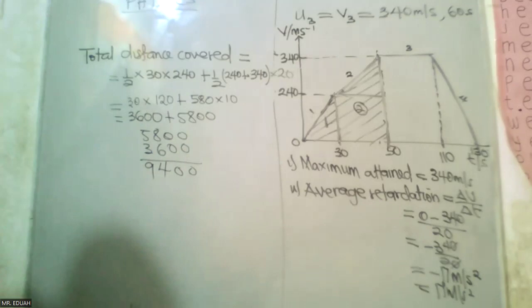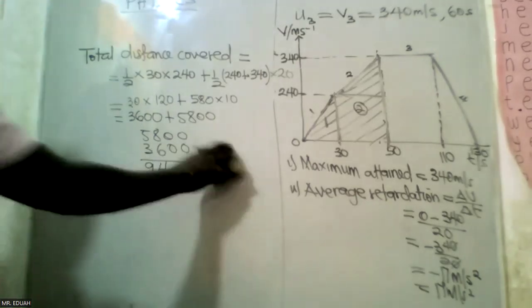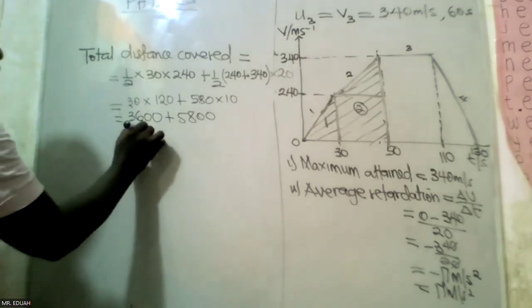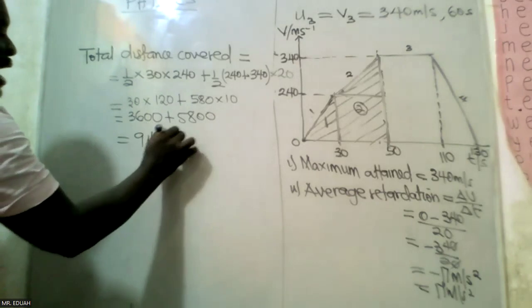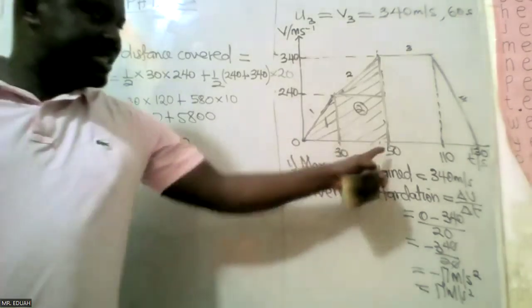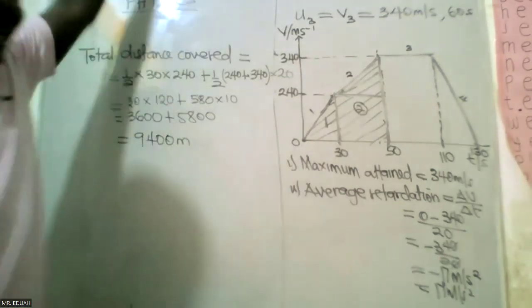So we have 9,400 meters as the total distance covered during the first 50 seconds.